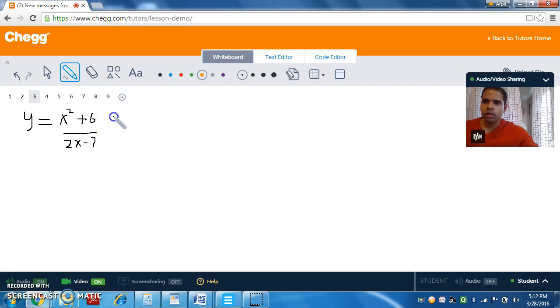So our top becomes a and this becomes b. So y becomes a divided by b.